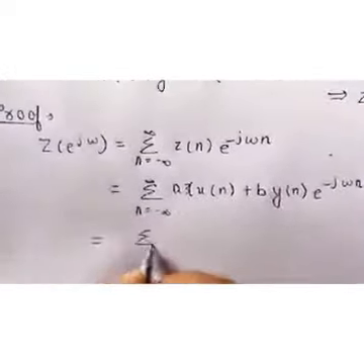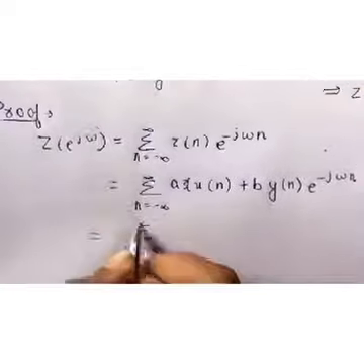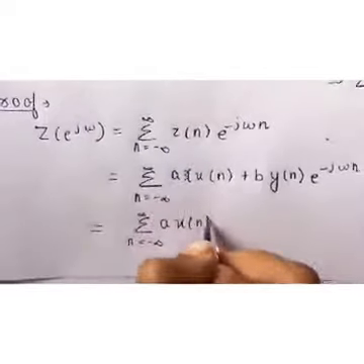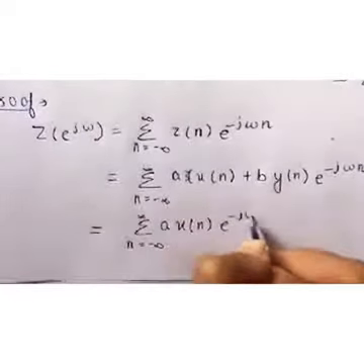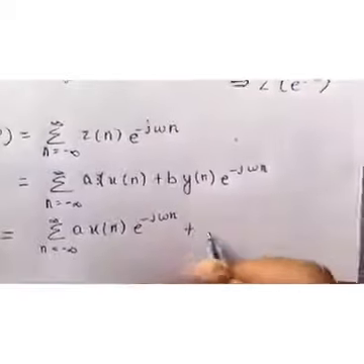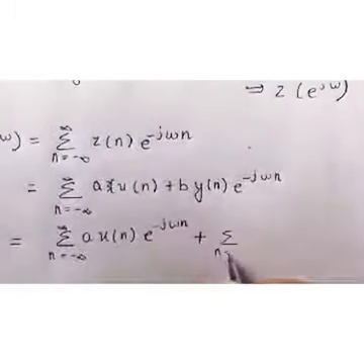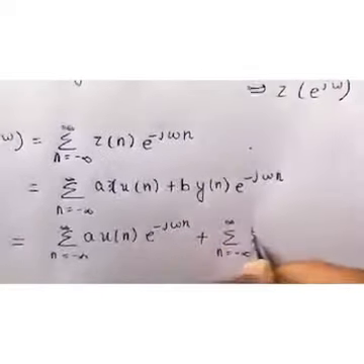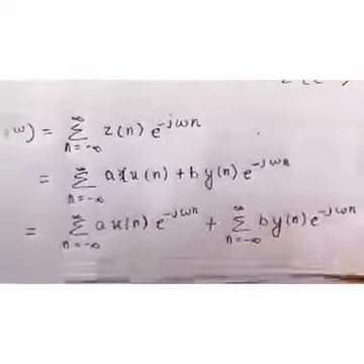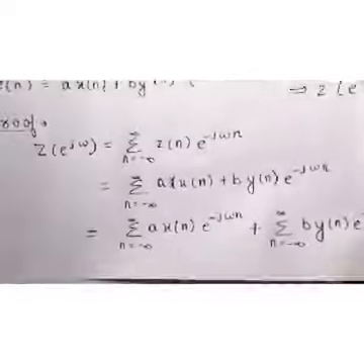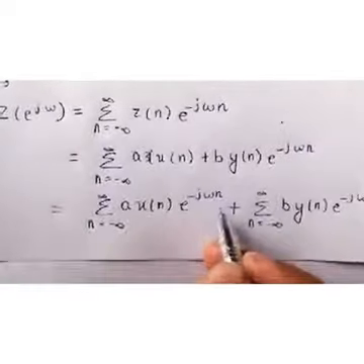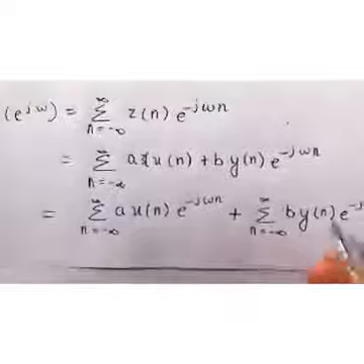By solving this, this is nothing but X of e^j omega, and this is nothing but Y of e^j omega.